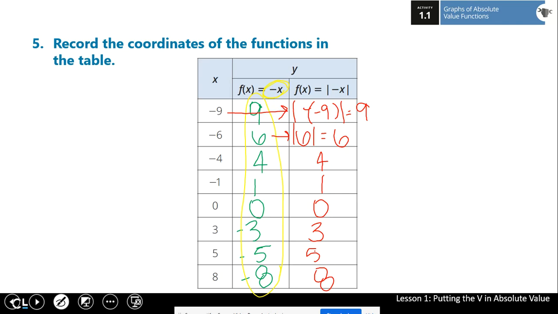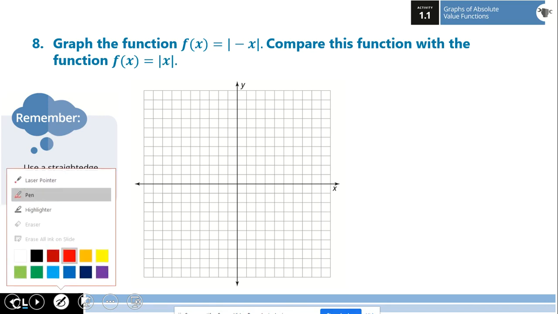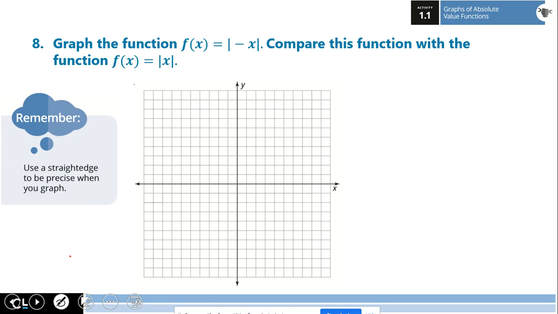And then on the next slide, we're going to graph this. And again, I have these written down on a sheet of paper. I'm going to sketch these, but on your notes, please try to get the exact points. So in red, this is f of x equals -x.